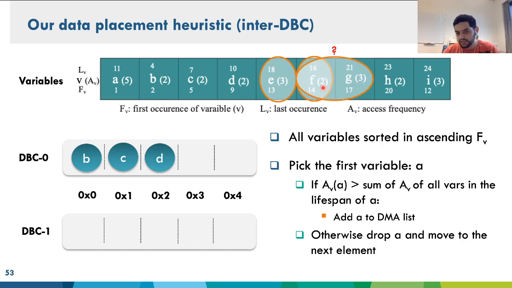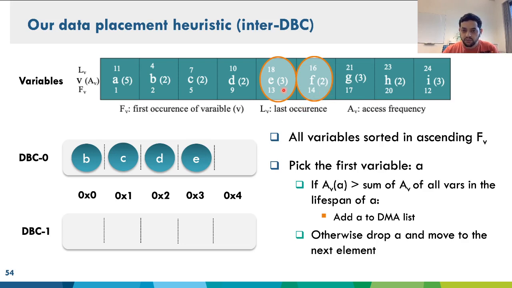Now there are two possibilities. One possibility is that we only compare variables which start and finish in the lifespan of E, which is the case of F. Or we pick variables which start in the lifespan of E but finish outside it, which is the case of G. We compared both heuristics and found that the first case gives better results in terms of the number of shifts.